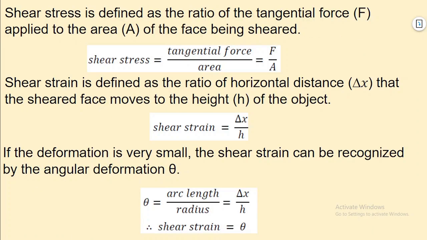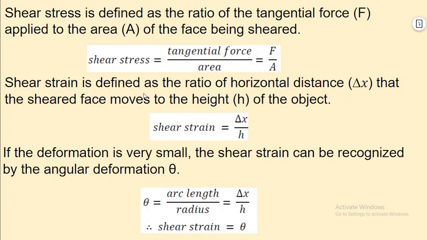Now the stress is called the shear stress, and the shear stress is defined as the ratio of the tangential force applied to the area of the face being sheared. So the shear stress is equal to the tangential force per area, that is F by A. Here the shape gets changed, and the corresponding strain is called the shear strain.